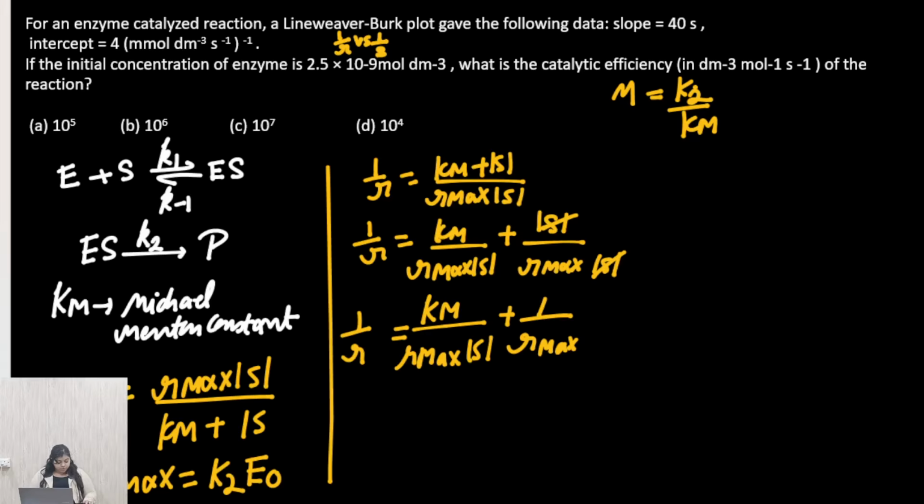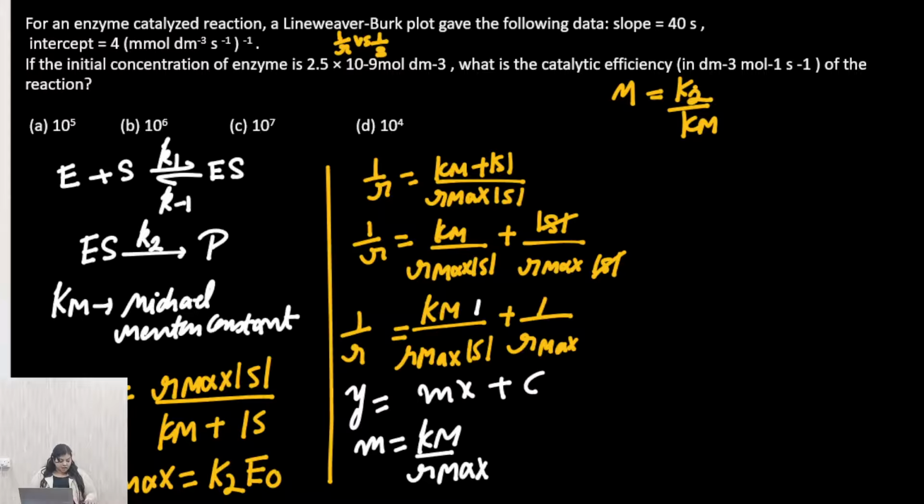So the plot is for y, 1 by R, versus 1 by S. So this is y equal to mx plus c. From here, the slope value is Km upon R max, and the intercept value is 1 by R max.